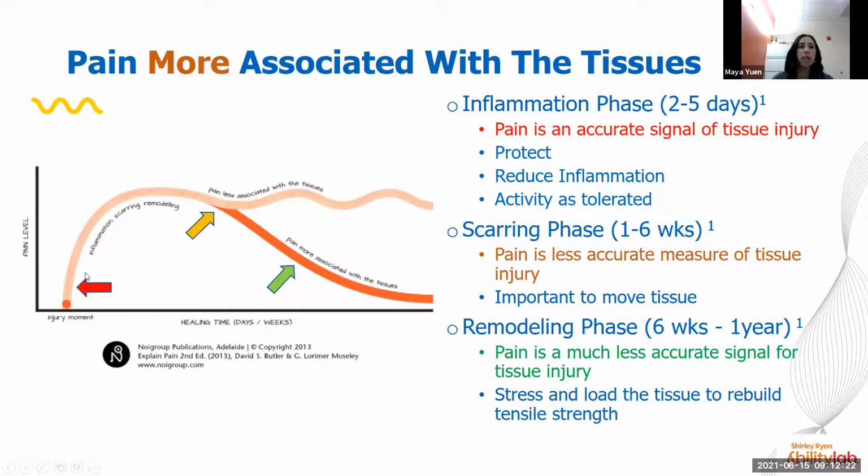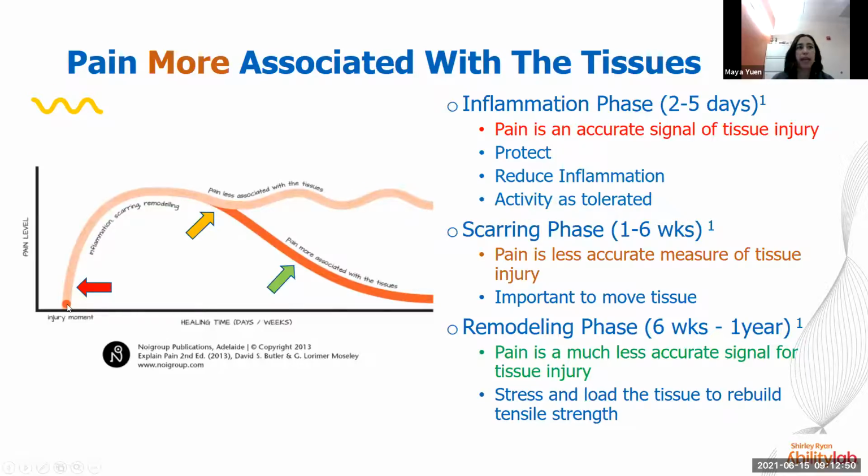So I think a take-home message here is that the line here represents pain over time. With normal, natural, predictable tissue healing, or pain that's associated with a tissue injury, you'll see an elevation in pain initially that plateaus, and then predictably over time, throughout the course of weeks and sometimes even months, you'll start to see that pain settle back down.